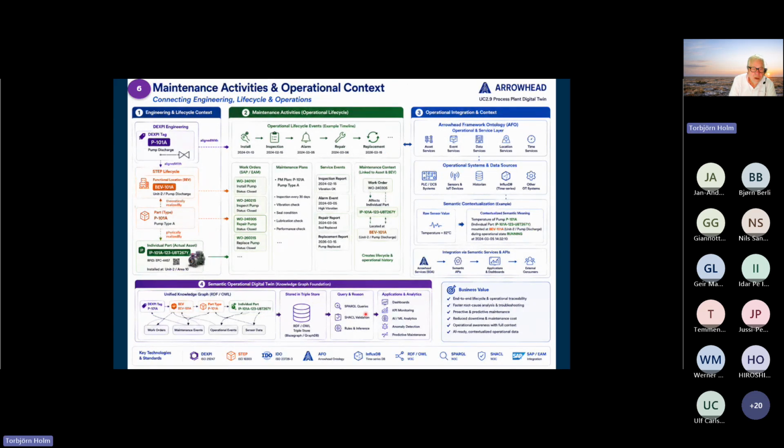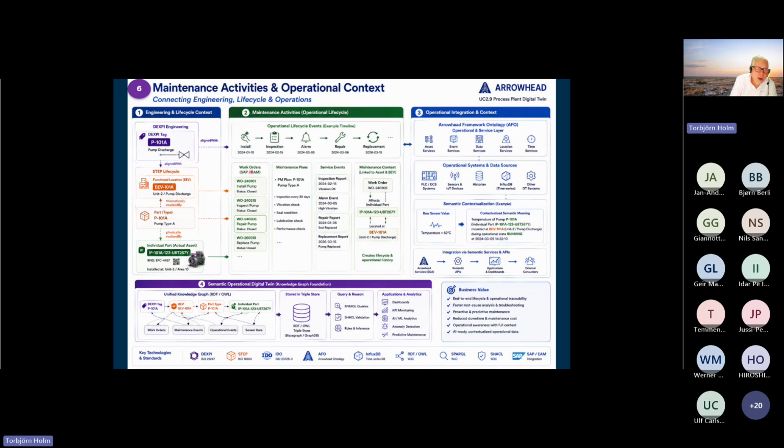We also deal with support for maintenance activities. We have DEXPI engineering, which is aligned with the STEP life cycle, and the STEP life cycle deals with part types and individual part types. And these things are used to do the maintenance activity. We create work orders.